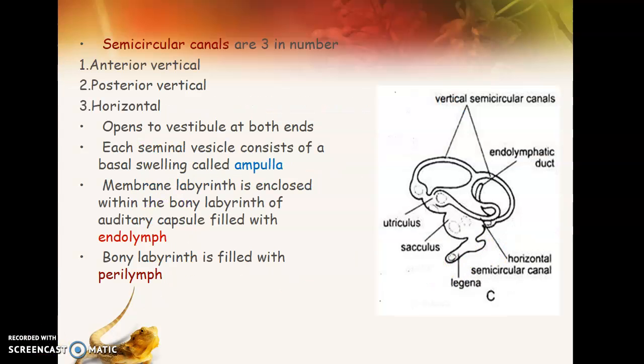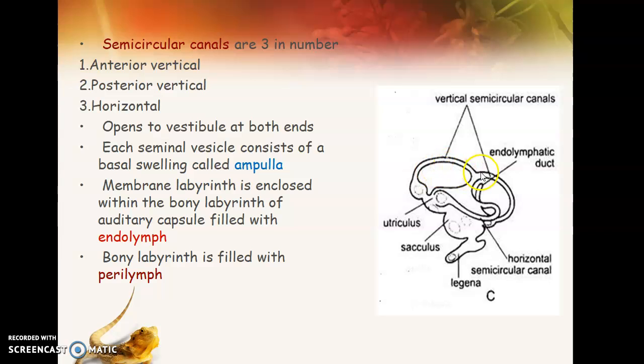Coming to the semicircular canals, they are generally three in number: 1, 2 and 3. They are called anterior vertical, posterior vertical and horizontal. This is the horizontal, this is the anterior, and this is the posterior. They open to the vestibule at both ends.